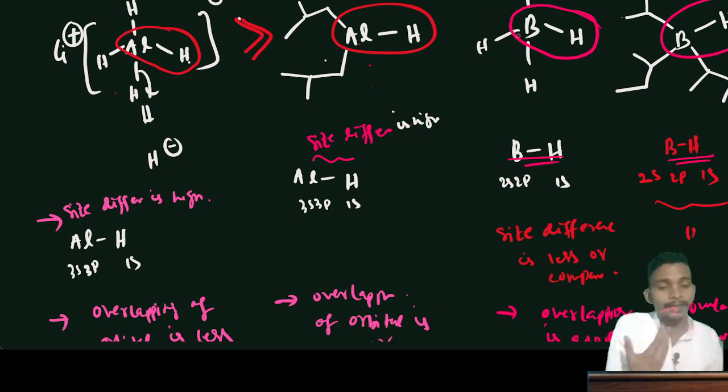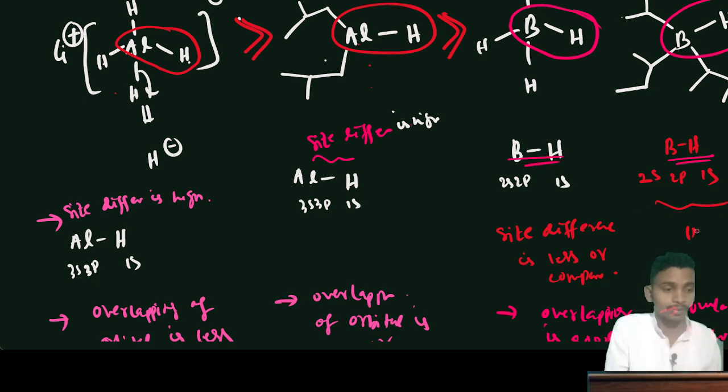That's why this NaBH4 is not able to reduce esters, amides and nitriles, because it is less reactive. NaBH4 is mainly used for the reduction of aldehydes and ketones and tosyl hydrazones, which I have already discussed. So this NaBH4 is less reactive than DIBAL-H, due to this BH bond.